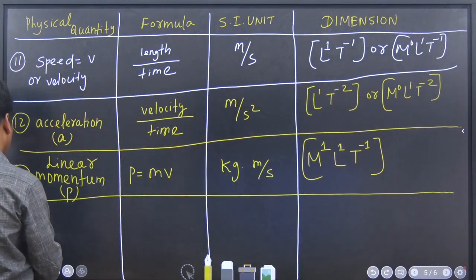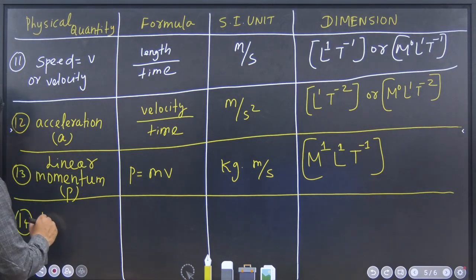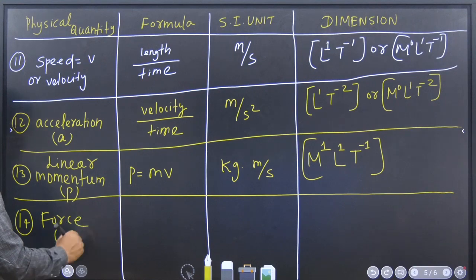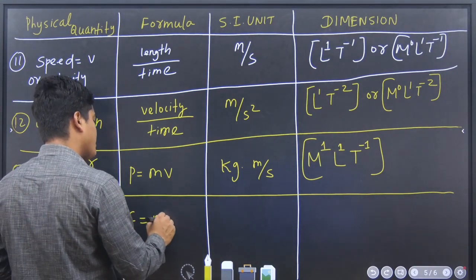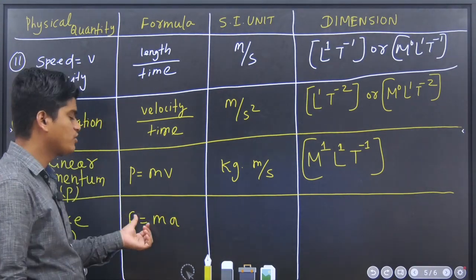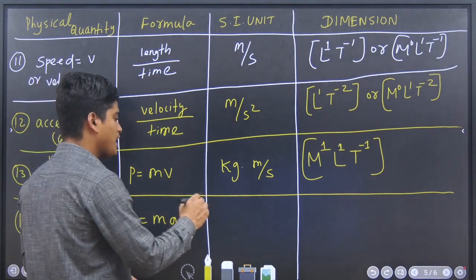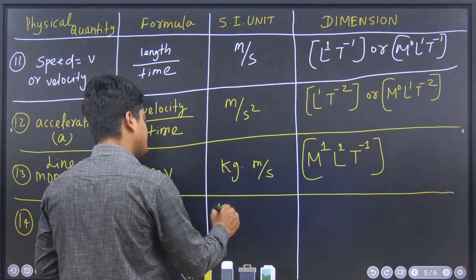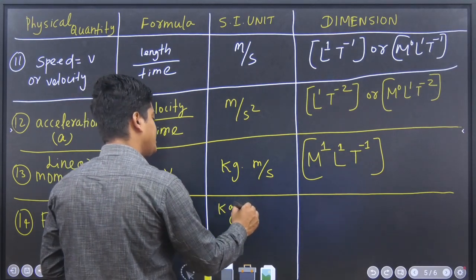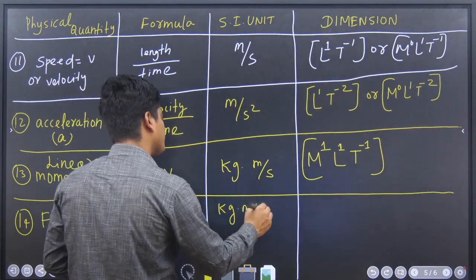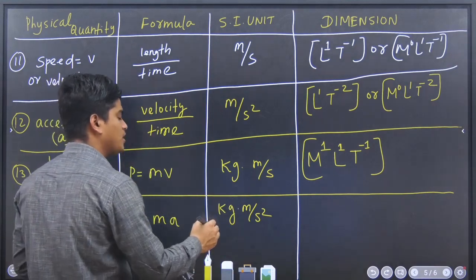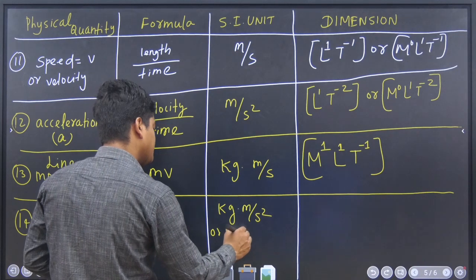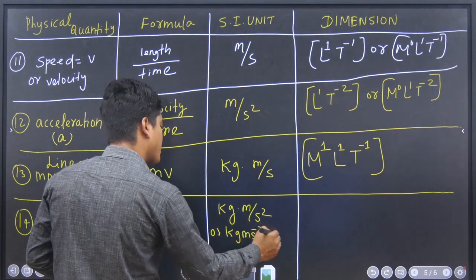Now the 14th one: the dimension of force. Force is denoted by capital F. The force formula is F equal to ma, when mass is constant, F equal to mass times acceleration. The unit of force: mass unit is kg, acceleration unit is meter per second square. So kg into meter by second square, or you can write kg meter second to the power minus 2.